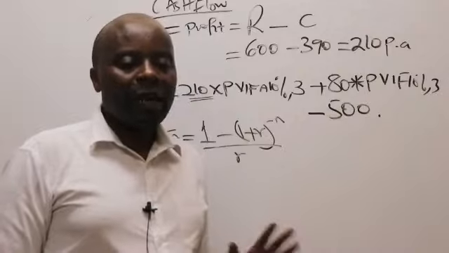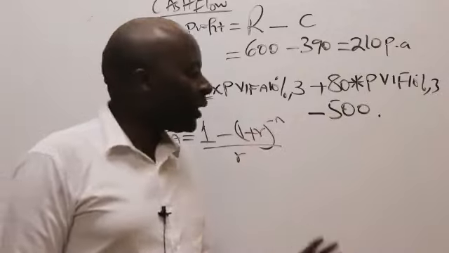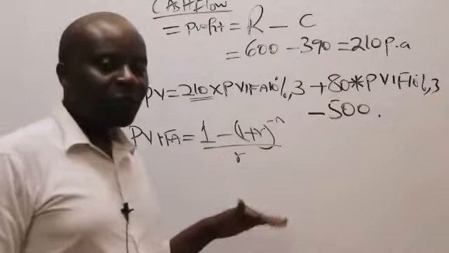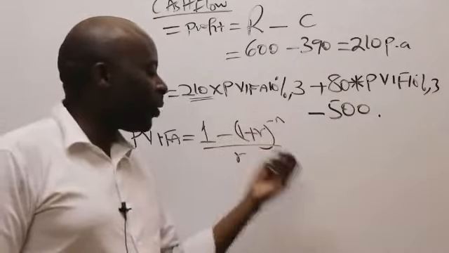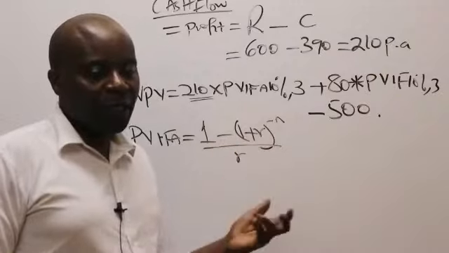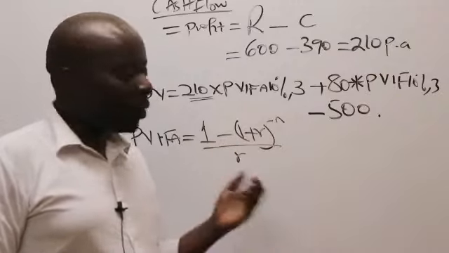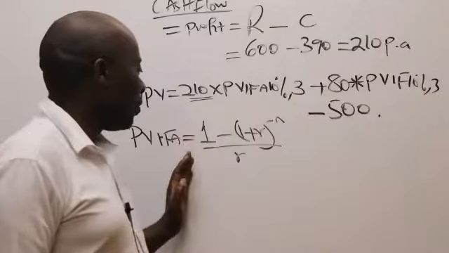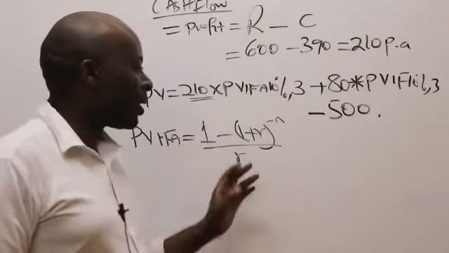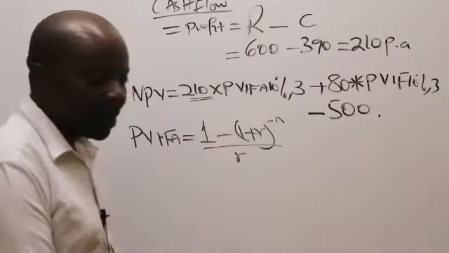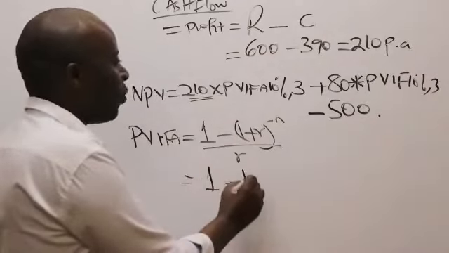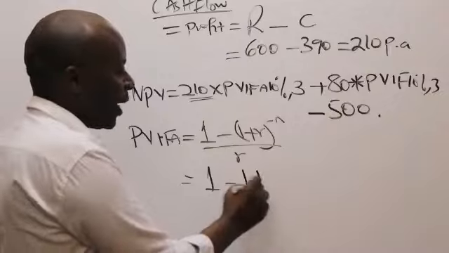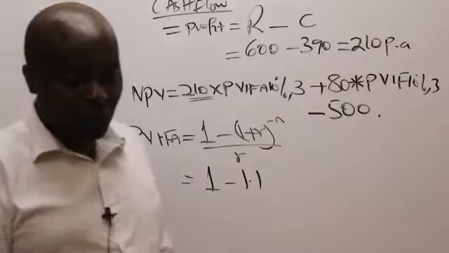I always master the formula, because in section 5, most probably, they'll give you a discounting rate which is not within the table. So the PVFA is 1 minus (1 plus R) raised to negative N over R, which will be 1 minus 1.1, because they gave us the cost of capital.